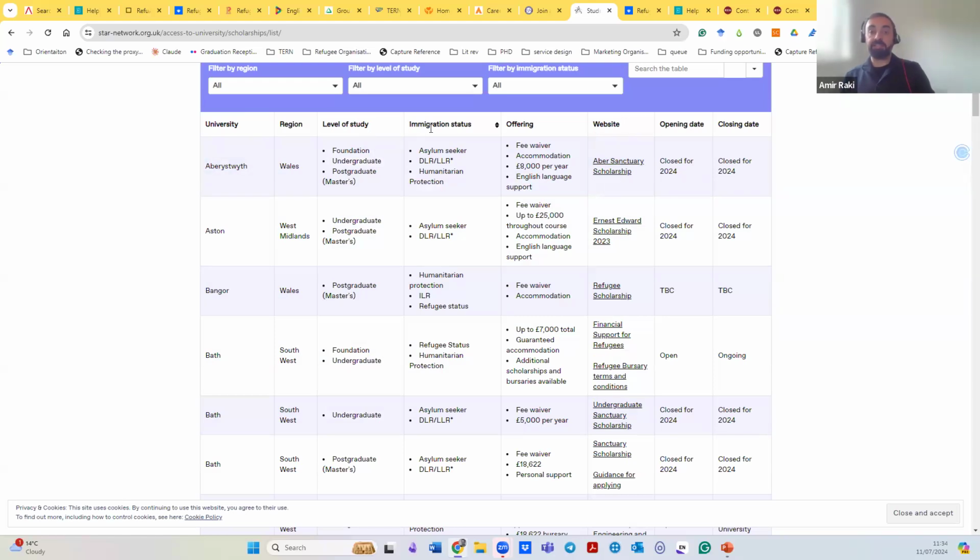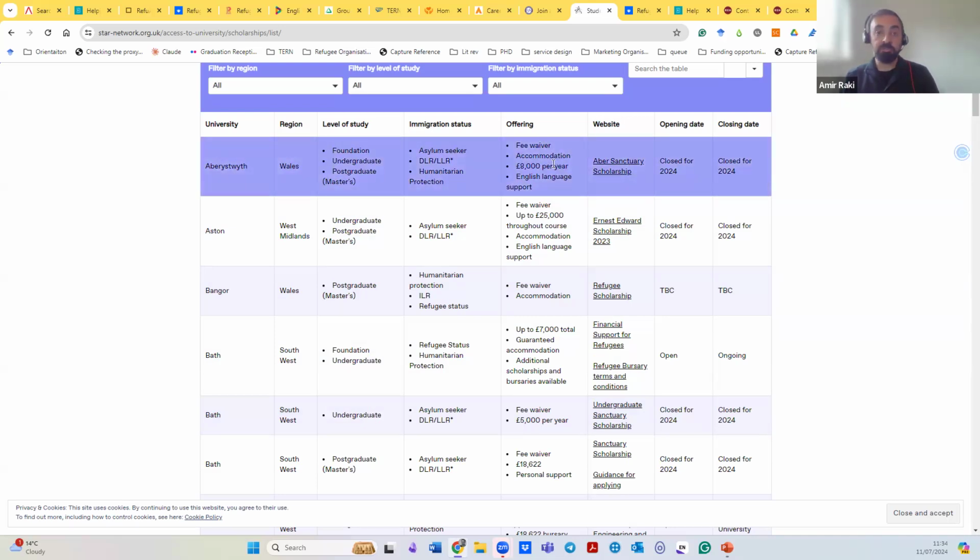That's it. And then when it comes to what they offer, universities have different packages. Almost all of them pay for your tuition fee, so you don't need to pay tuition fees. However, some of them have some extra support as well.